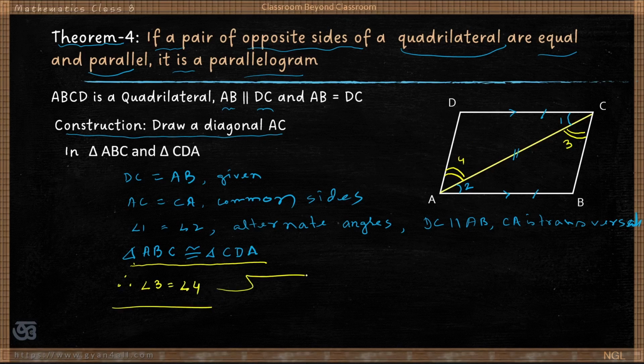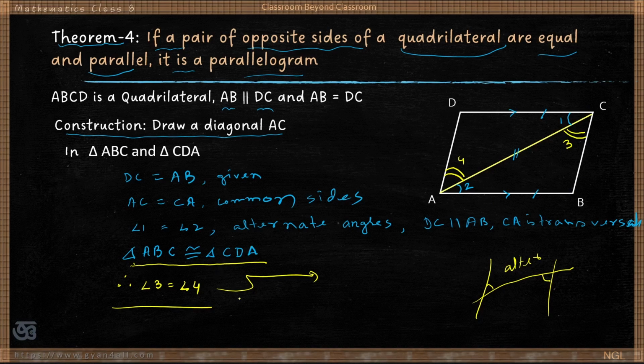But you see, this angle is what? This is the transversal, and this angle is equal to this angle. So these are alternate angles again. But DA and CB are not given as parallel. But what we get is that these alternate angles are equal.